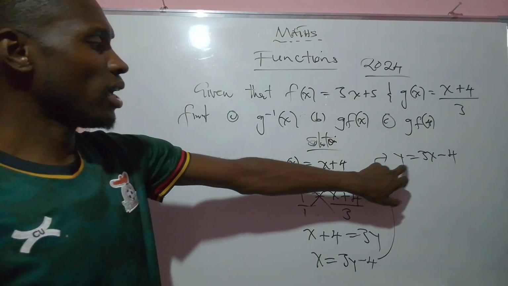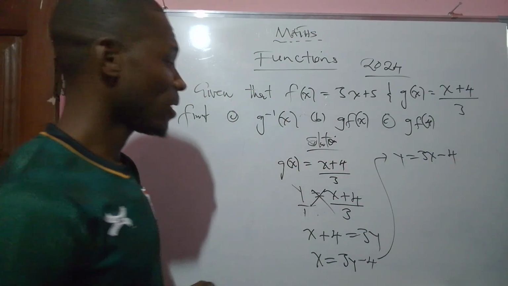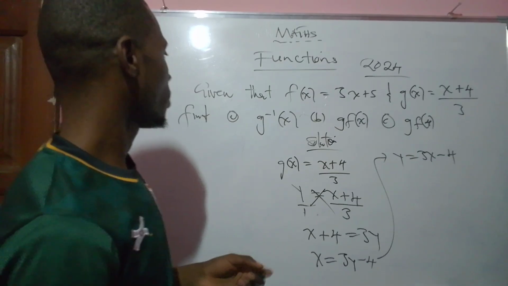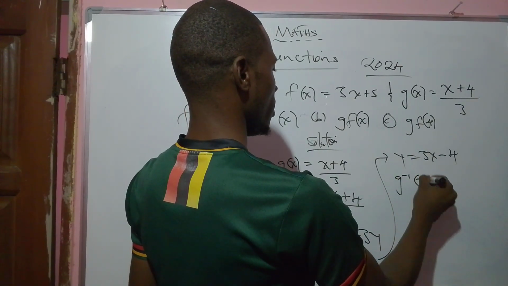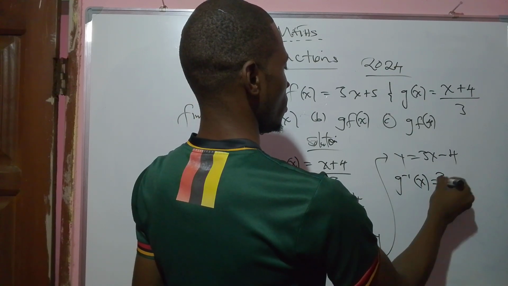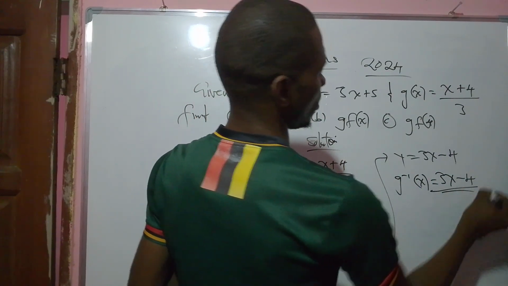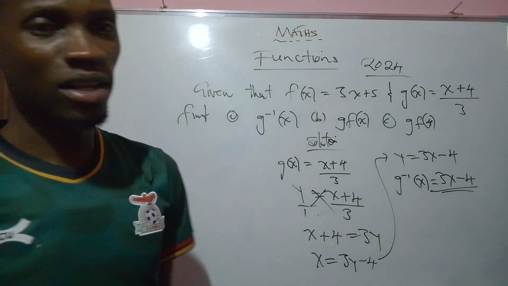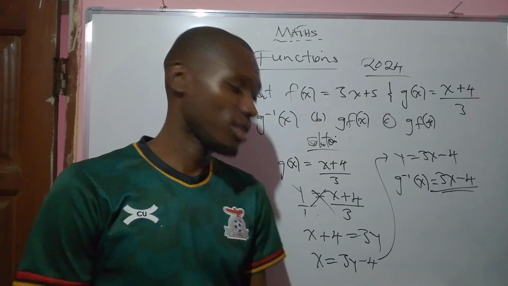Therefore, we take this y back to its original way. So we'll say now g inverse of x is equal to 3x minus 4. So this is the final answer. That is how we do it whenever we're doing the calculation under functions.